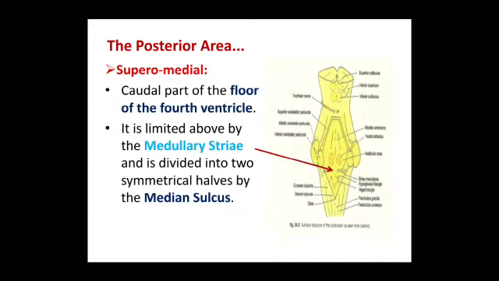Superior medial, that is the caudal part of the fourth ventricle. It is limited by the medullary striae or striae medullaris. It is divided into two symmetrical halves by the median sulcus.